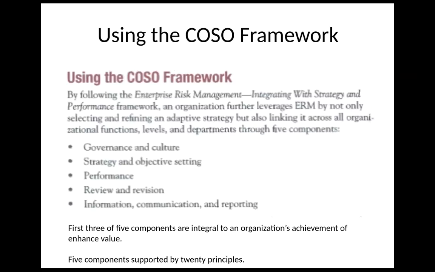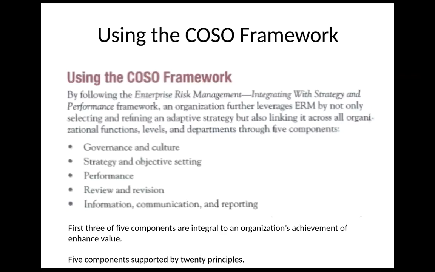The five components that it can be leveraged on are governance and culture, strategy and objective setting, performance, review and revision, and information, communication, and reporting. Typically, anytime there's a list, like the five components, you can expect a question on it, such as: what are the five components of the COSO framework?